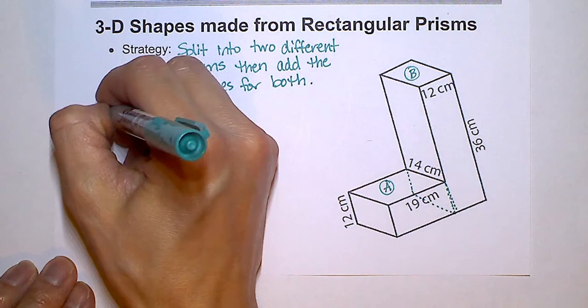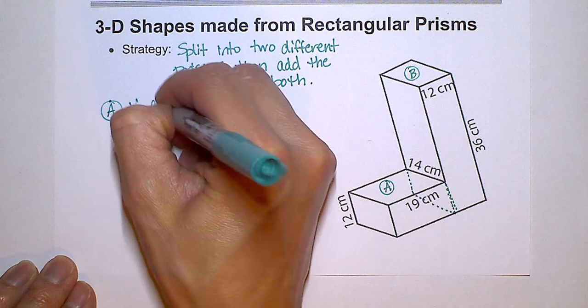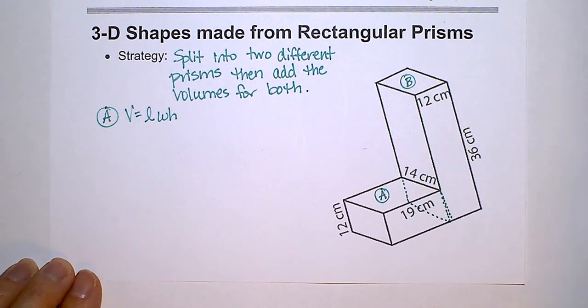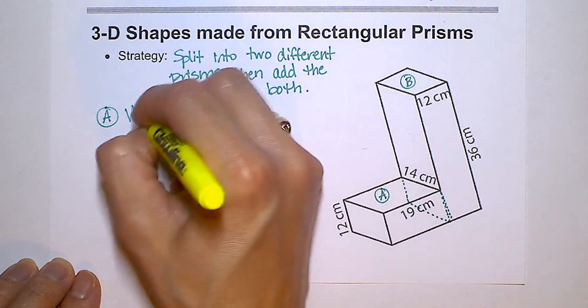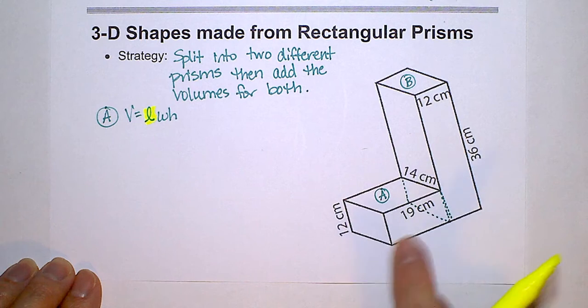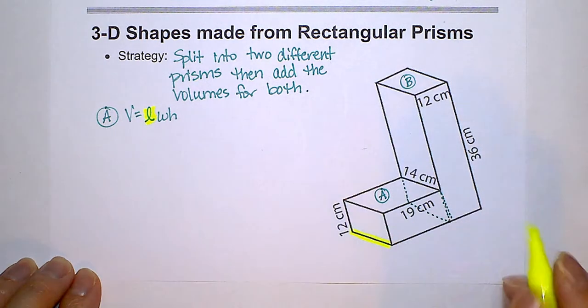Now, for prism A, we want to do length times width times height. Now in the previous video I did some color coding, so I'm going to highlight the length of prism A yellow. Now I'm going to say this right here is the length, but there's no number here.